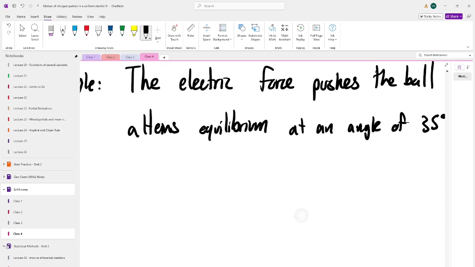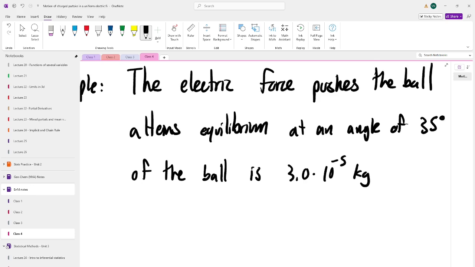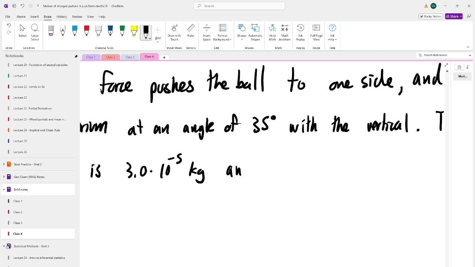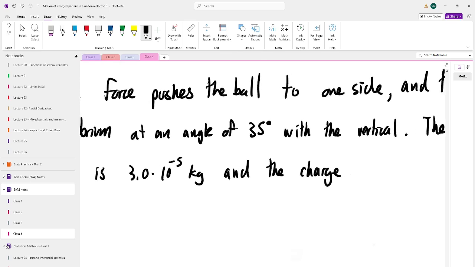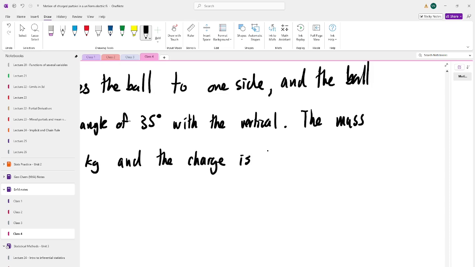The mass of the ball is 3.0 times 10 to the minus 5 kilograms, and the charge is 4.0 times 10 to the minus 7 coulombs.